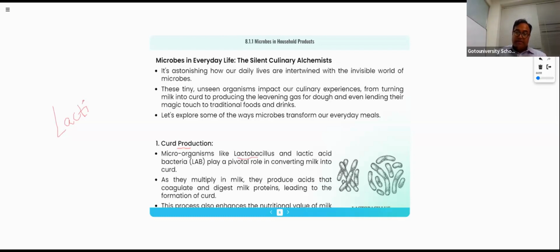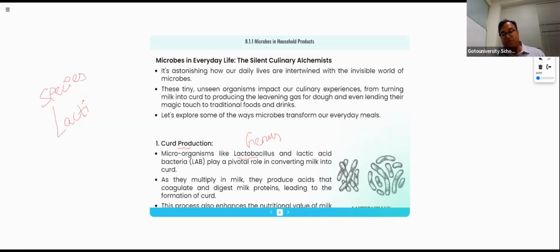The Lactobacillus lacti is a bacteria which has the credential to produce lactic acid by utilizing lactose. So the genus name is Lactobacillus, and then the species name is lacti. That is a message we need to understand.